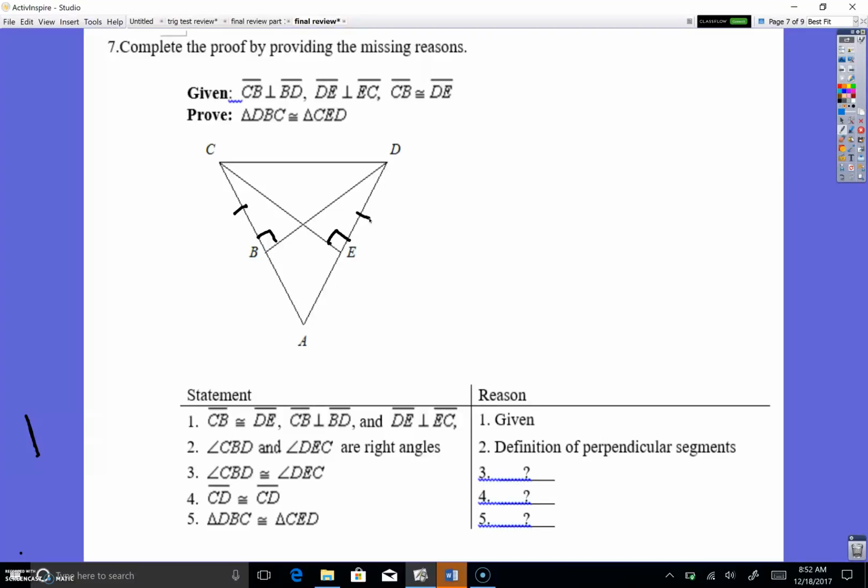So the first thing we do, we list all our givens. CBD and DEC are right angles by the definition of perpendicular. Now we have CBD is congruent to DEC, because right angles are congruent.